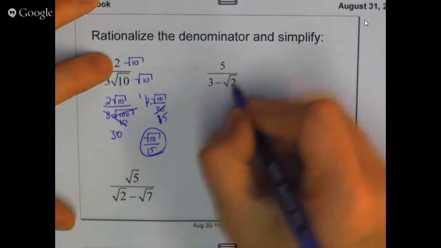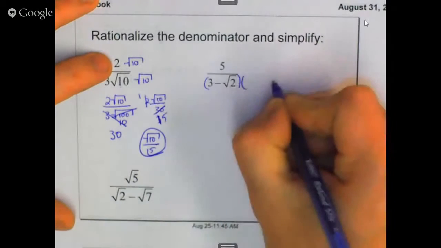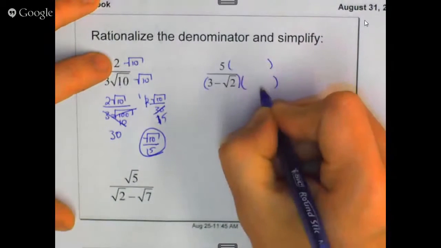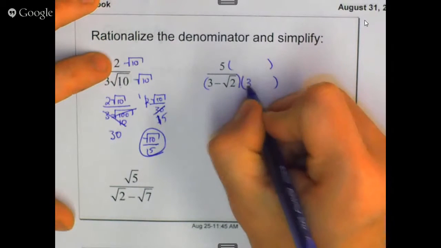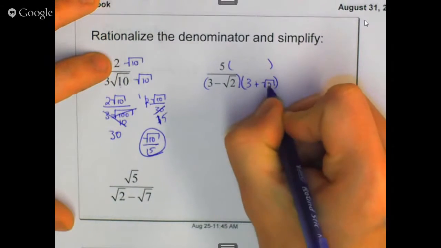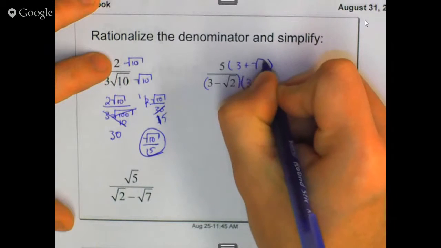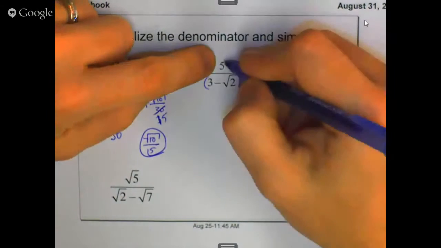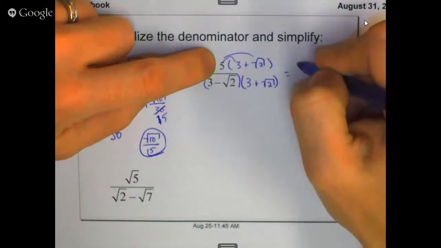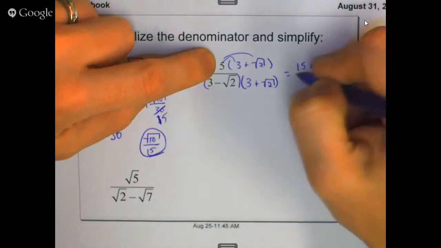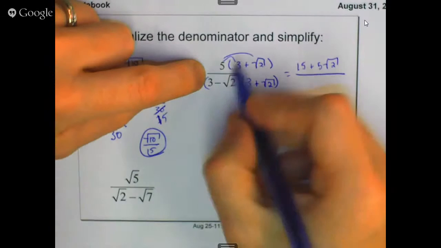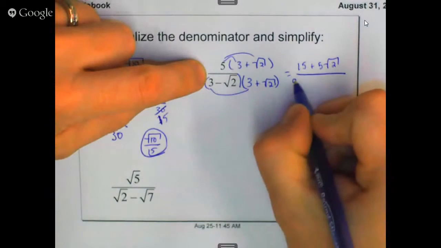Okay, for this one, since I have 2 terms, I know I got to multiply by 2 terms, and in this case, it's the conjugate. We have to have that difference of squares. So 3 plus radical 2, 3 plus radical 2. So in the top, I'll just distribute that and get 15 plus 5 radical 2. And in the bottom, we'll do first, we get 9.